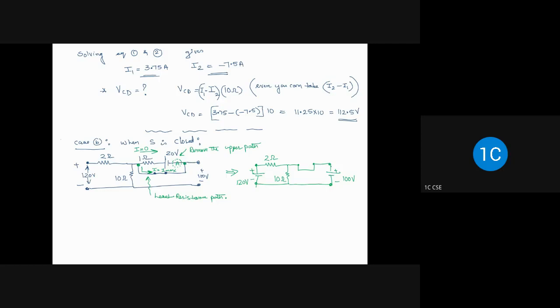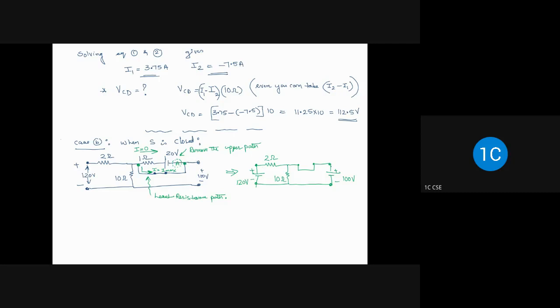It will not take the upper path. So from the physical observation, we have arrived at this conclusion: in case of short circuit, current is maximum, however the voltage across the device is zero. On the other hand, in case of open circuit, current is zero, but there will be a voltage across the appliance.